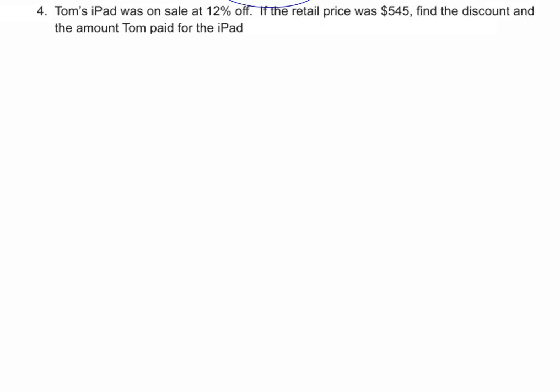Somebody raise your hand and tell me how to start this problem. Brendan. Discount equals percent discount times retail. Okay. So Brendan says, let's use discount equals percent discount times retail price. That is a great way to start.